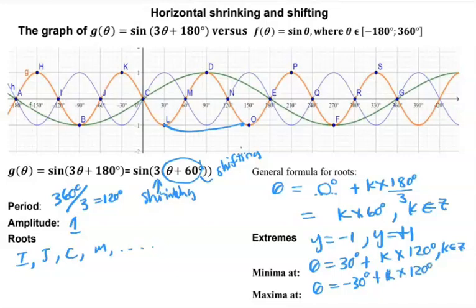Normally with the extremes we have the full period, like here the 120, and with the roots we have half of the period. So these are the values that we need, and it's a good exercise every time to look at all those general solutions.